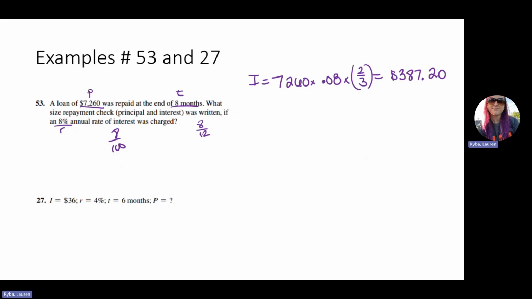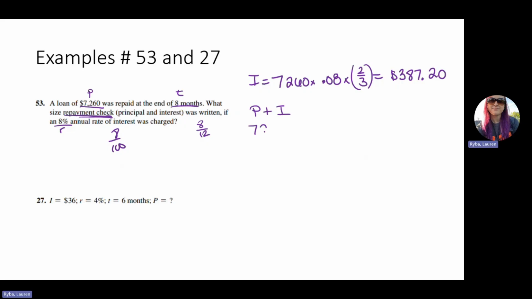Now, when you take a loan, you must pay back the entire loan amount plus the interest. So that is what this is asking for here. What size repayment check, principal and interest, has to be written? So I need to pay back principal plus interest.